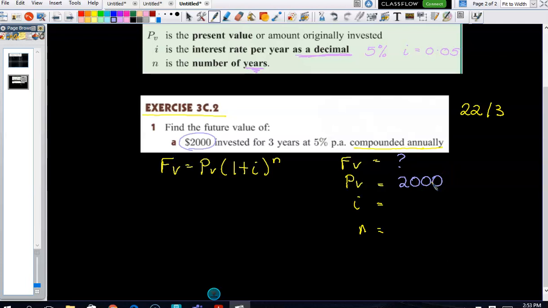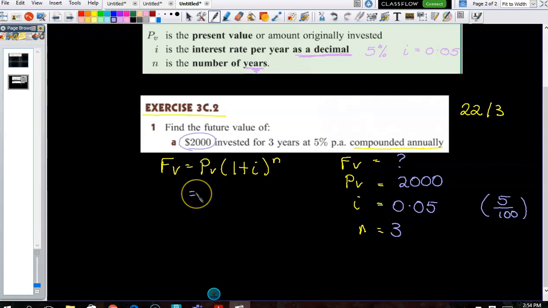Not 5. 0.05, right? Because it has to be as a decimal. Is everyone happy? You just divide it by 100. So you're just going 5 divided by 100. And N is the number of years. We're putting 3.